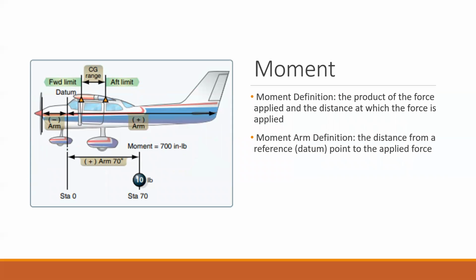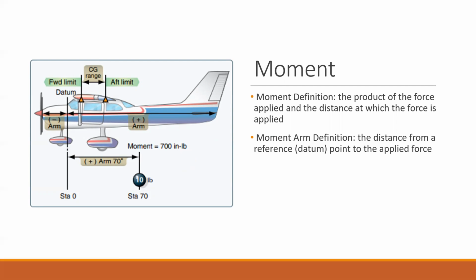But before we get to that, we're going to talk about what the moment is. Moment is this idea of having a force applied at some distance. So in the case of an aircraft, we have the effect of gravity and we have the effect of lift, and these forces are acting at some distance from something else.